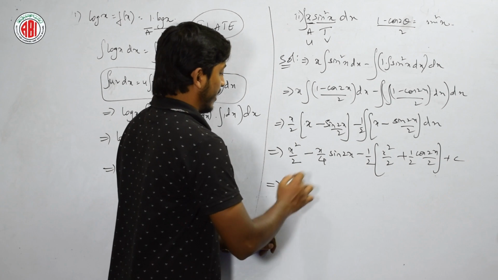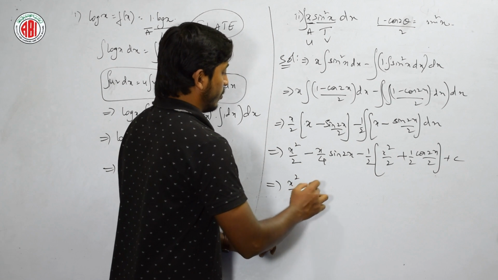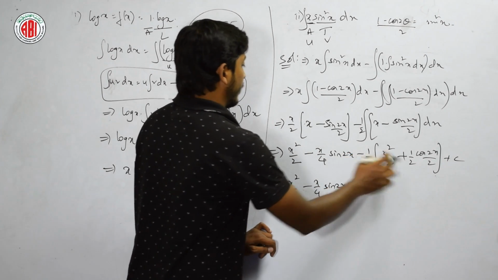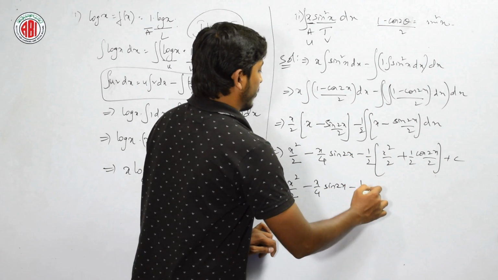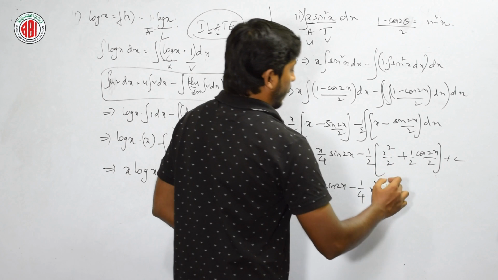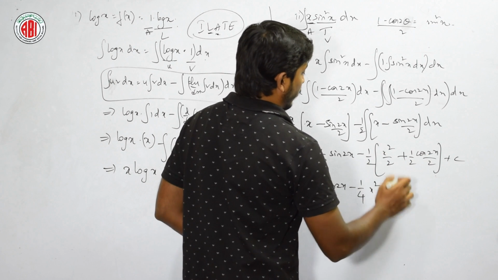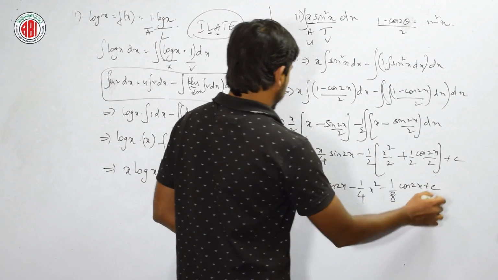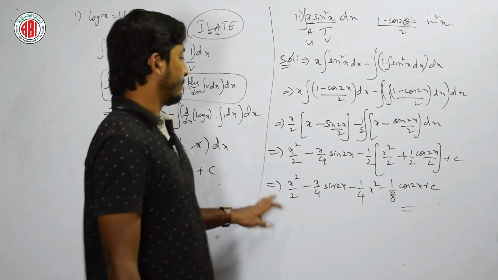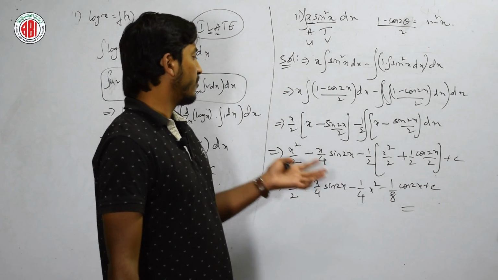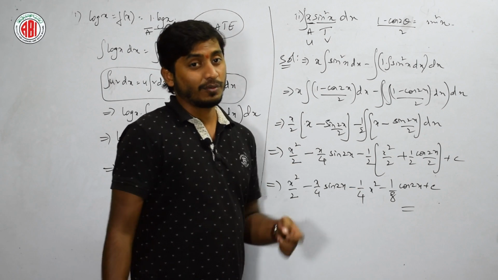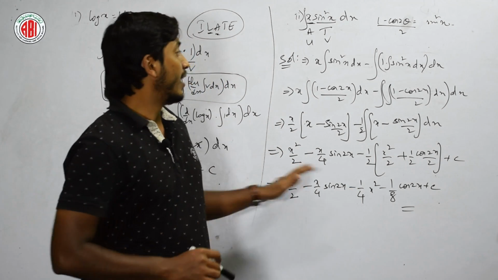So let us multiply everything: x square by 4 minus x by 4 sin 2x minus 1 by 8 cos 2x plus c. Clear? If you want to simplify, you can simplify further. Is it okay?